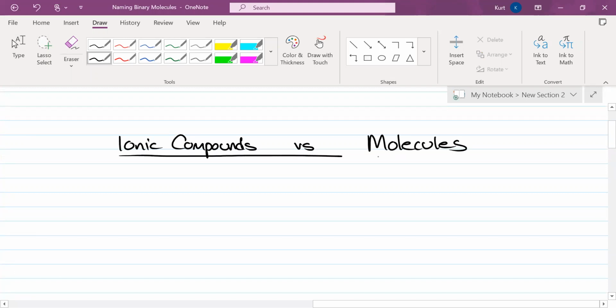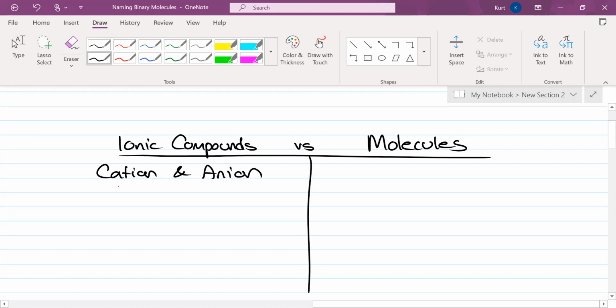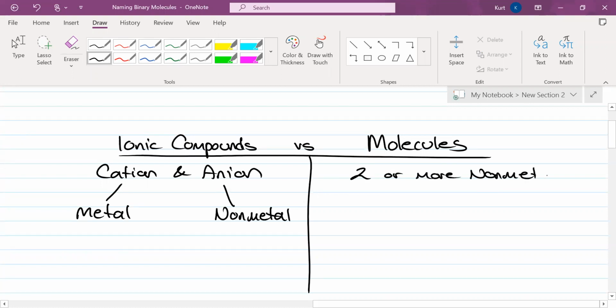Here's how you know the difference, guys. You have a cation and an anion. Oftentimes, the cation is a metal, not always, but most of the time, and the anion is a nonmetal. In a molecule, it's two or more nonmetals. There are no ions.